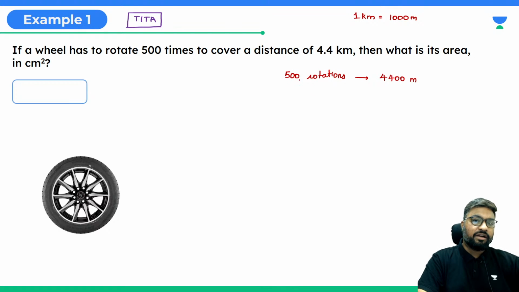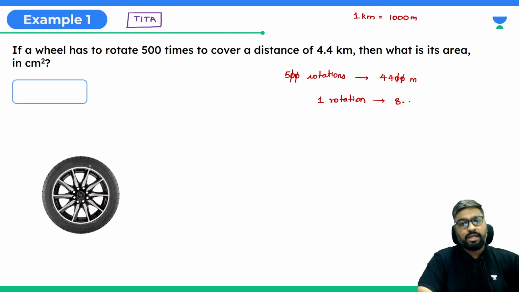So if 500 rotations give us 4,400 meters, can we say 5 rotations will give us 44 meters of distance, or one rotation will give us how much? 44 by 5, 8.8 meters. Do you agree guys? एक rotation में 8.8 meters cover होगा.